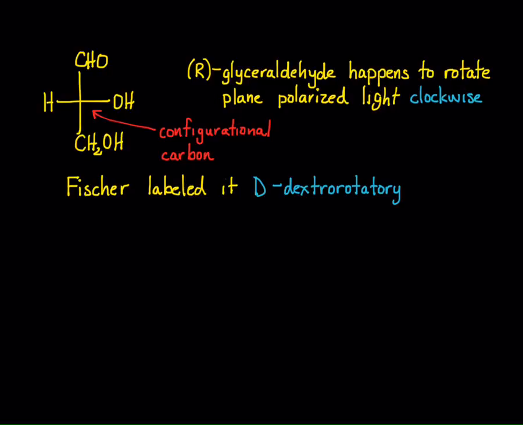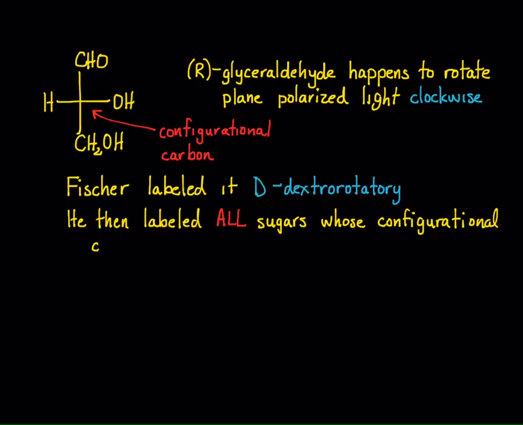Because what he did was he said, okay, in my Fischer projection, notice the OH is going to be on the right. So he labeled all sugars whose configurational carbon has the OH on the right-hand side as D. Now this is important to understand because, as we learned last semester when talking about plane polarized light and how molecules rotate it, it's essentially independent of the absolute configuration.